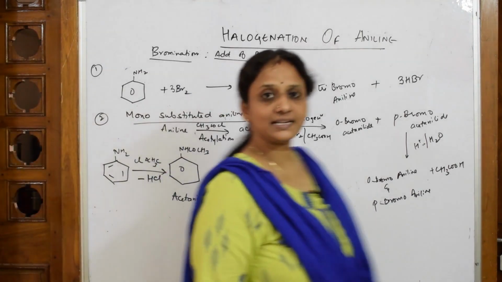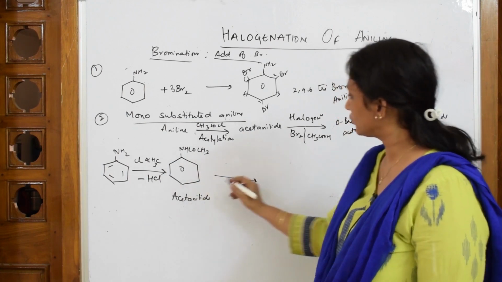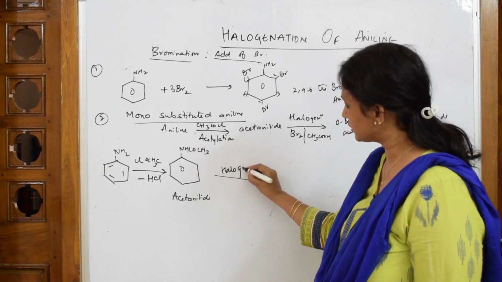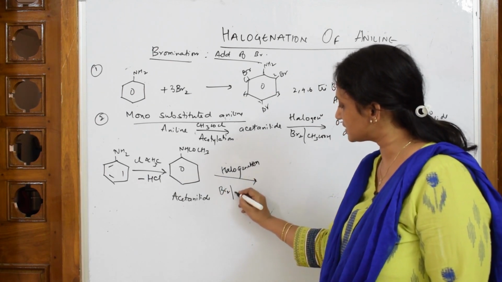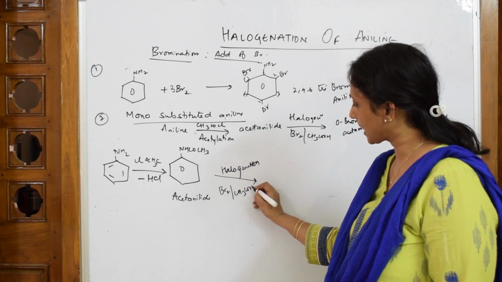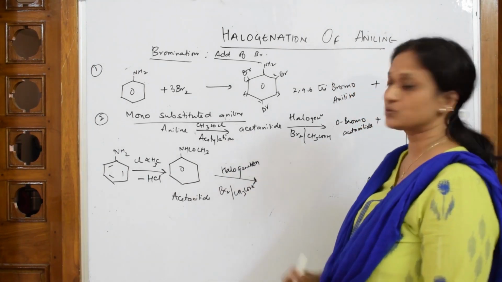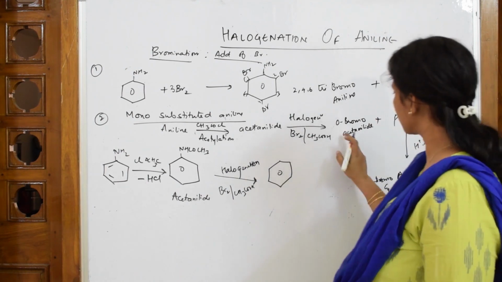Now this acetanilide, we are going to halogenate it. You are going to allow it to undergo halogenation. So which halogen are you using? You are using bromine with acetic acid. So this bromine goes and adds to that. You get 2 products, I said.